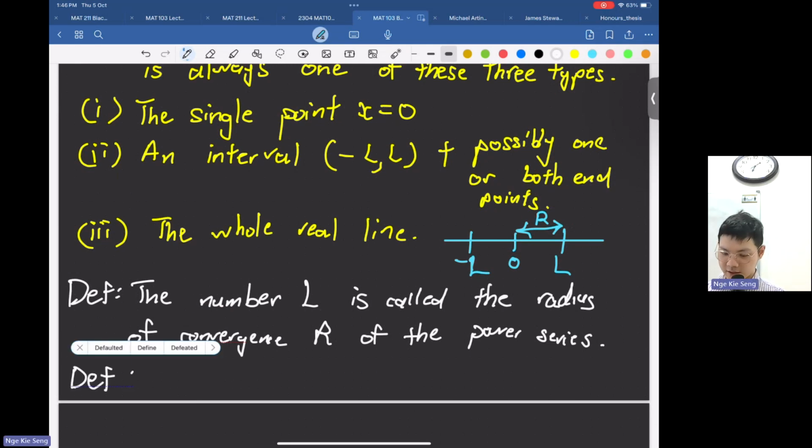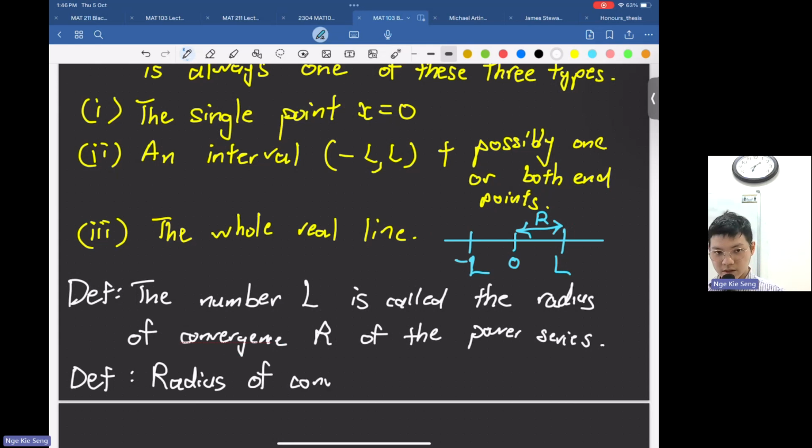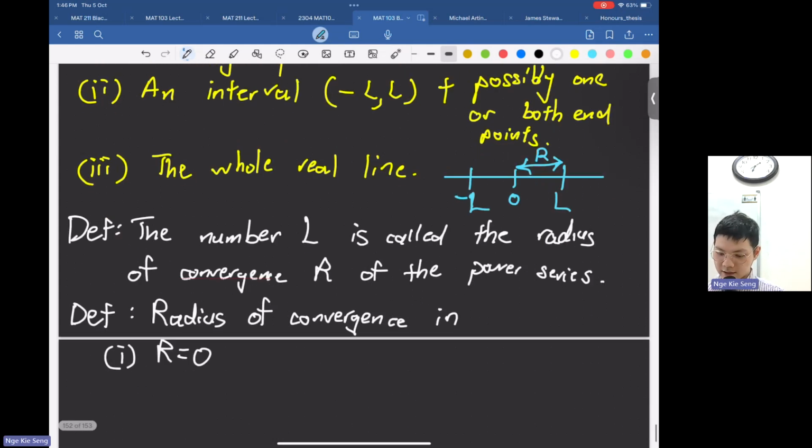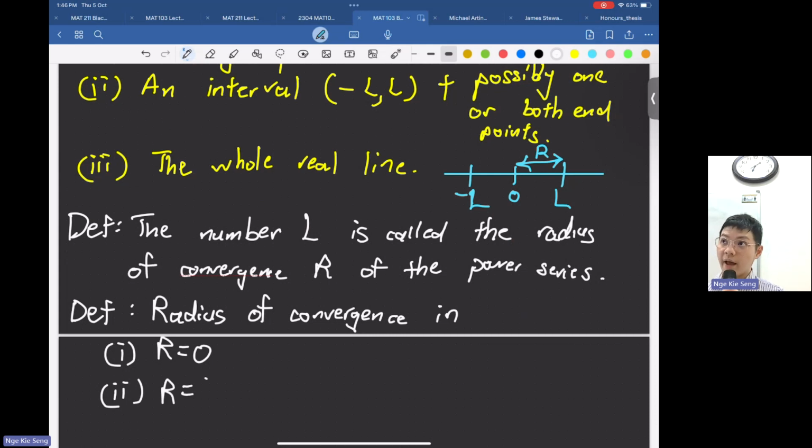So the radius of convergence in case 1 is r equals 0. Second, r equals L. Third one, everything. So how big is the radius? Infinity. Radius is infinity.